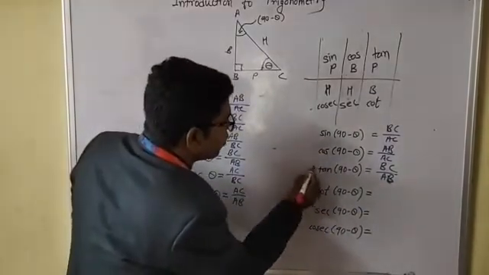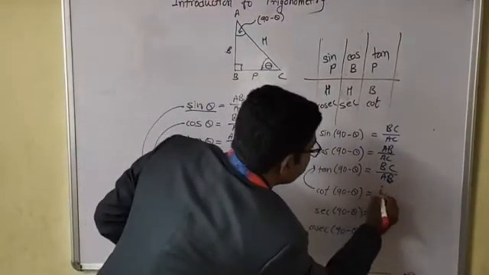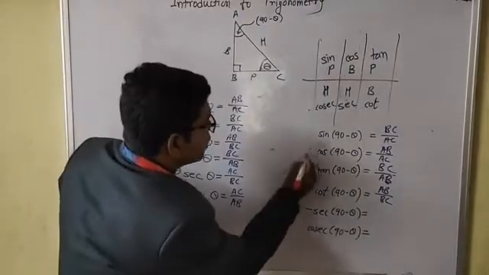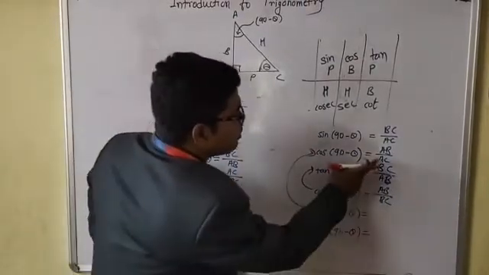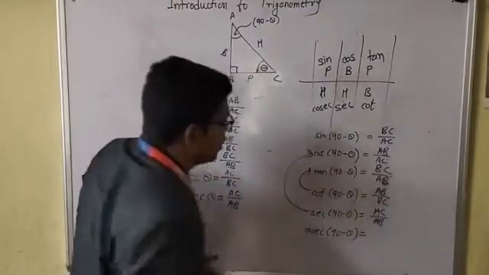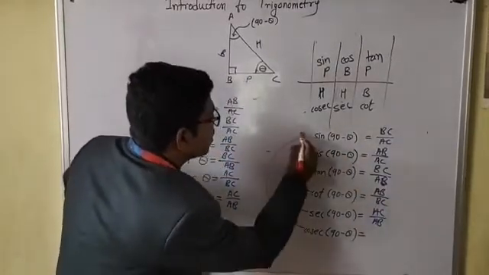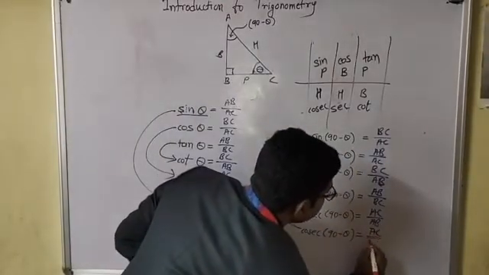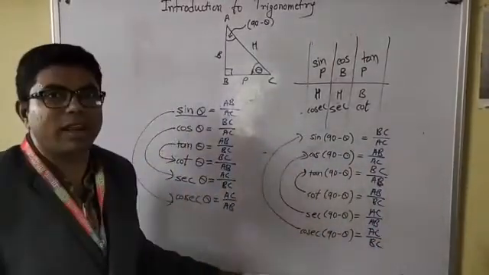Cot is a reciprocal of tan, so cot will be equal to AB upon BC. Sec will be the reciprocal of cos, so it will be AC upon AB. No need to see the table now. Now cosec is a reciprocal of sine, so it will be equal to AC upon BC, like this.